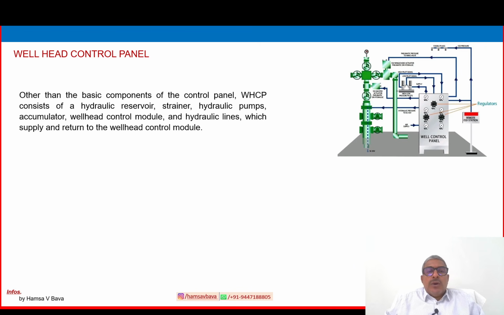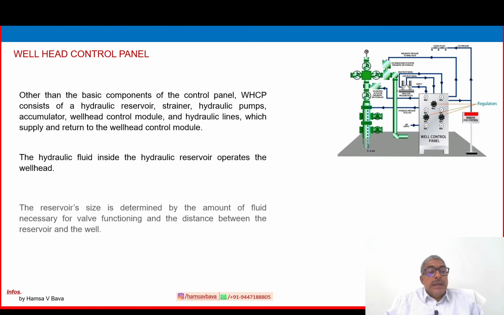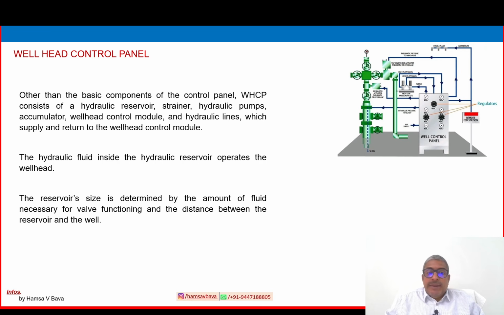The basic components of the wellhead control panel consist of a hydraulic reservoir, strainer, hydraulic pumps, accumulator, wellhead control module, and hydraulic lines, which supply and return to the wellhead control module. The hydraulic fluid inside the hydraulic reservoir operates the wellhead. The reservoir size is determined by the amount of fluid necessary for valve functioning and the distance between the reservoir and the well.